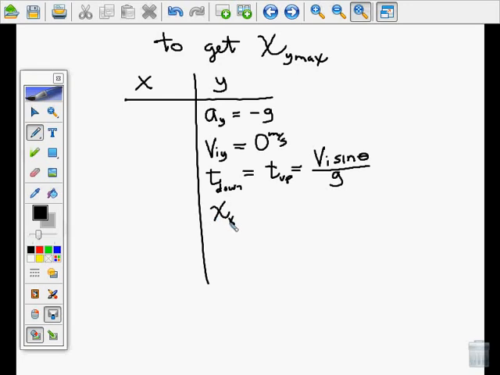And we're looking for x_y max. If we put in here, what do we end up getting?